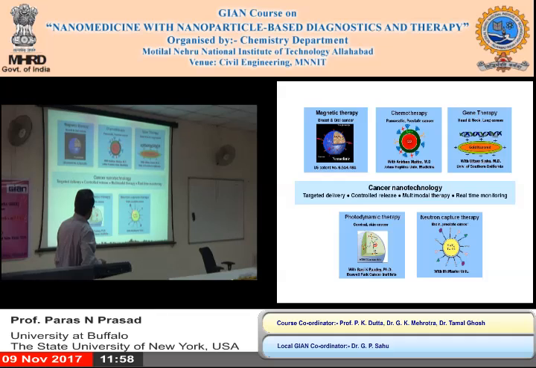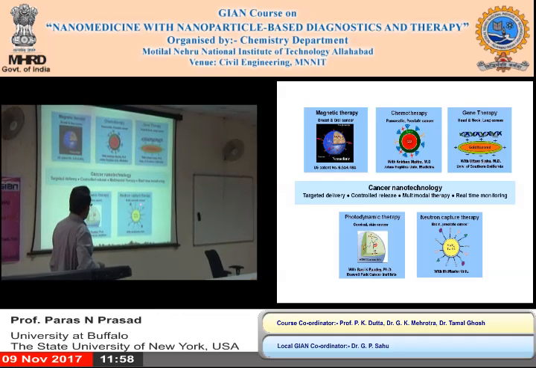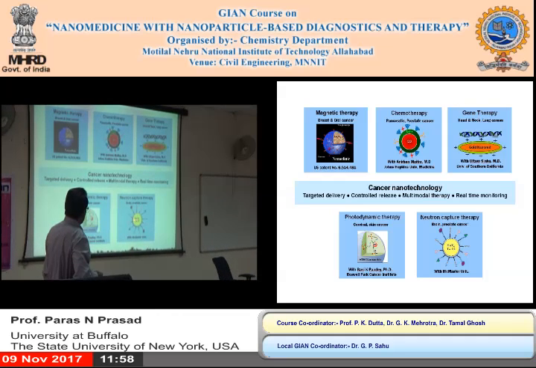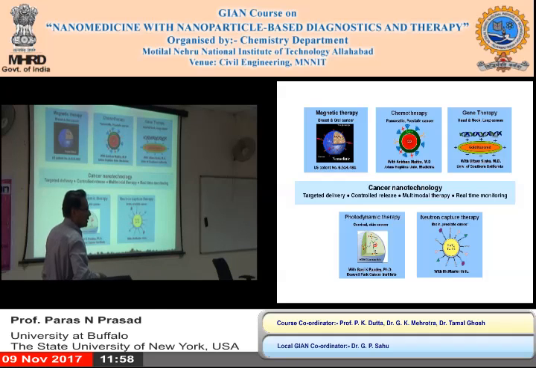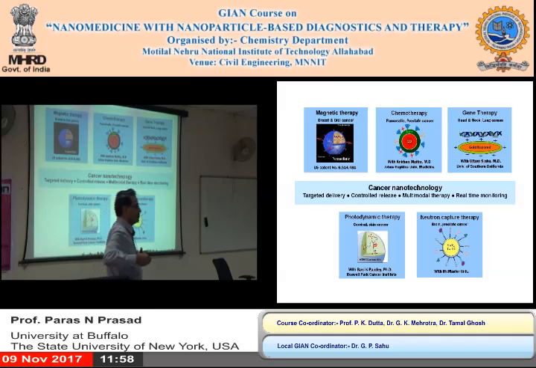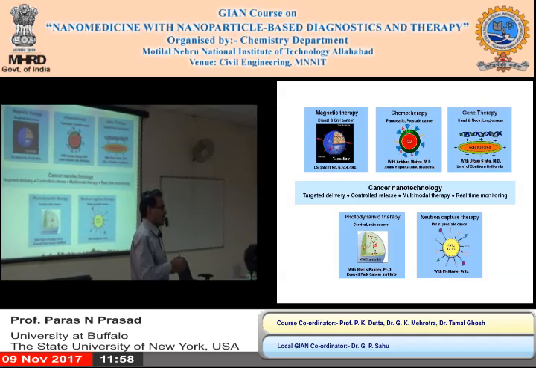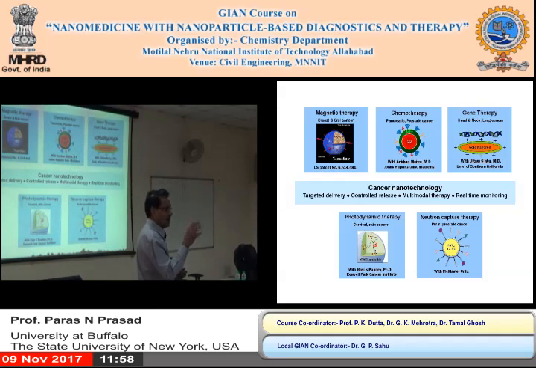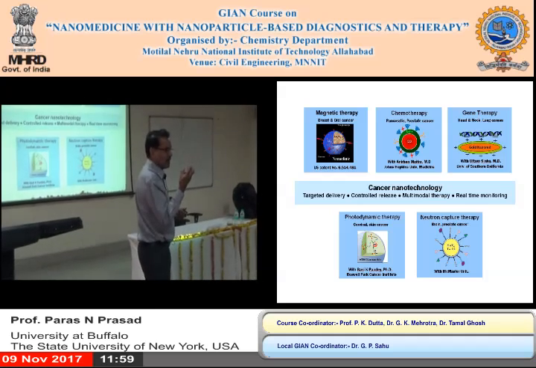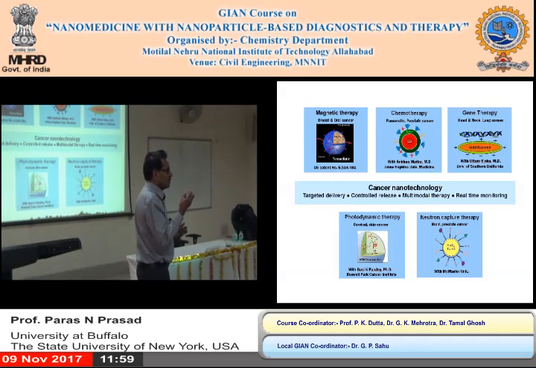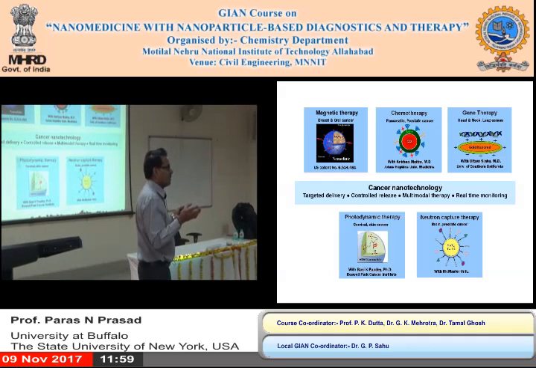And then lastly, neutron capture therapy. It's a nuclear therapy where you send a neutron particle and the nanoparticle can absorb the neutron. The neutron can get into the nucleus of these atoms in the nanoparticle, and then they generate alpha rays, very reactive alpha rays, and the alpha rays can kill the tumor.